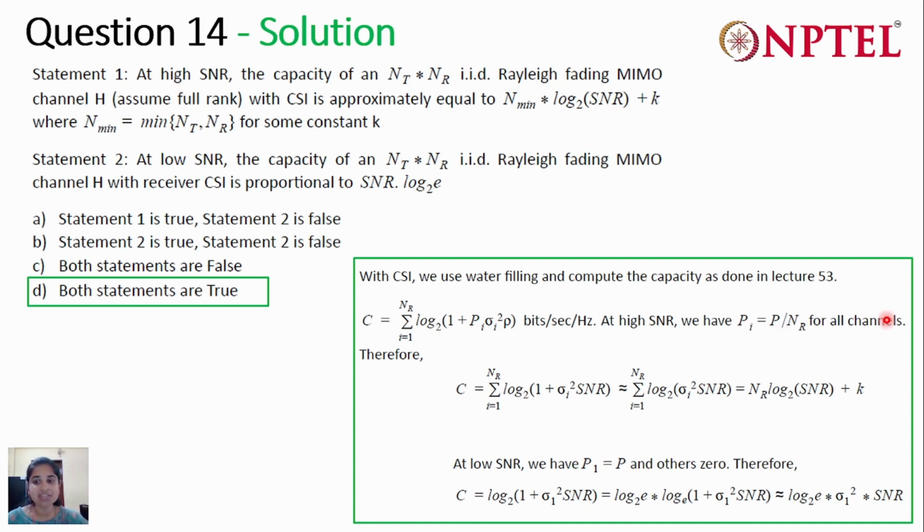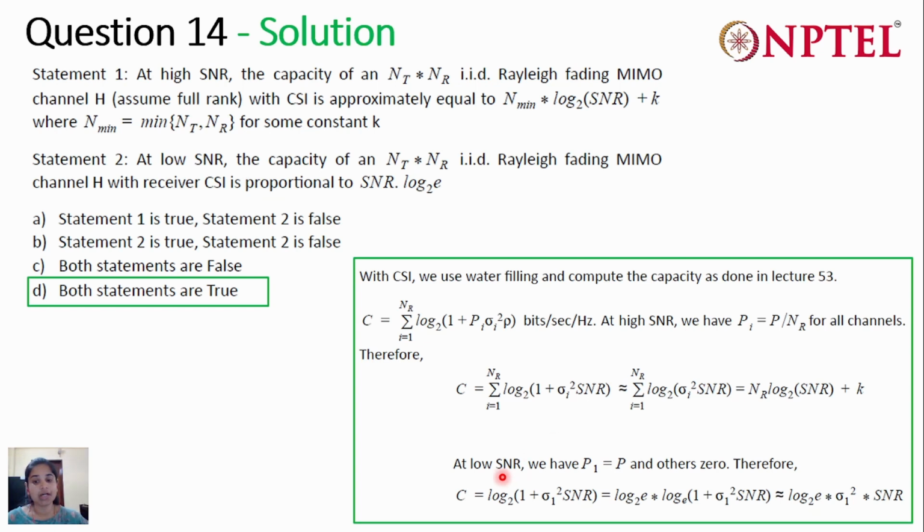Thus, the capacity equation becomes summation i equals 1 to NR log to the base 2 of sigma i square into SNR. Now this becomes NR into log to the base 2 of SNR plus a constant K. So statement 1 holds true.